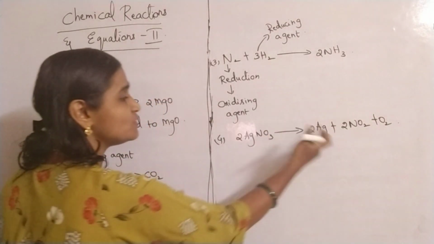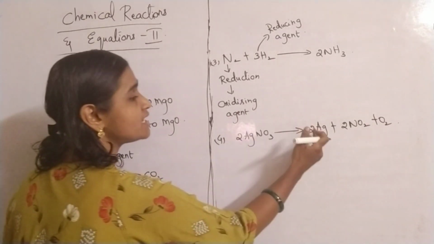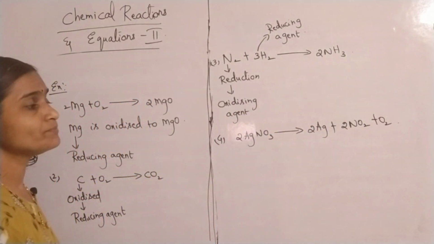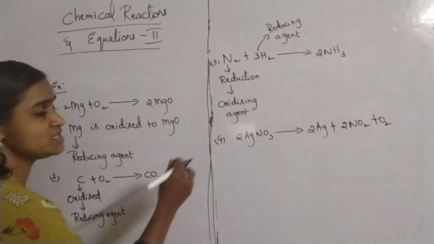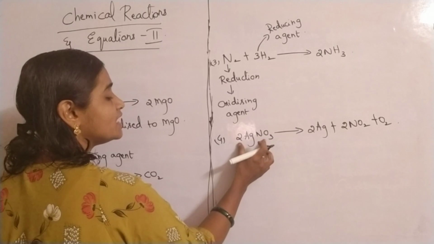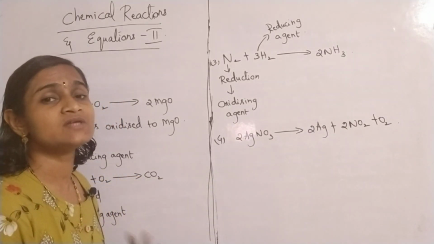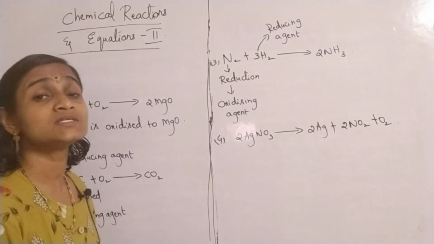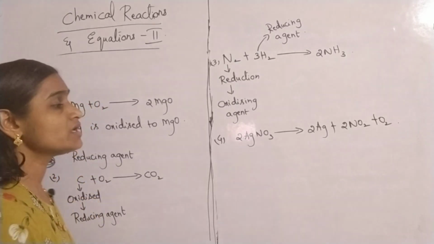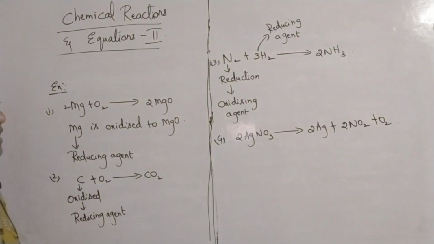That means it is reduced. Please understand the point carefully. AgNO3 is reduced to Ag. So the substance which is reduced is called as what? Oxidizing agent. Like that you have to identify certain reactions.